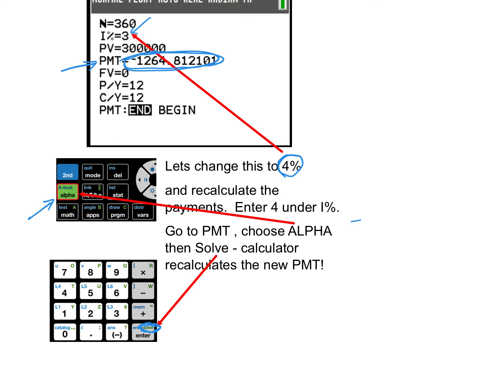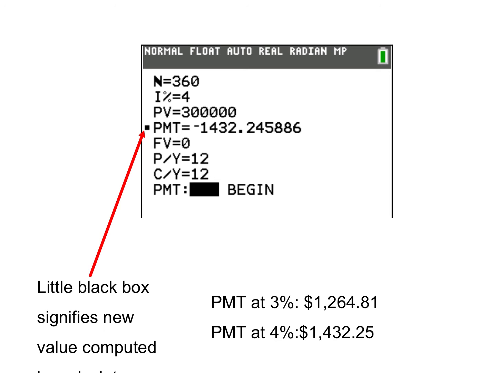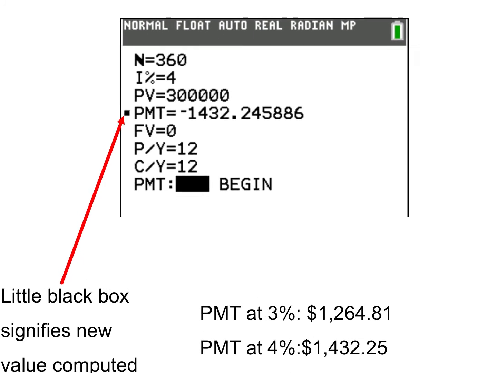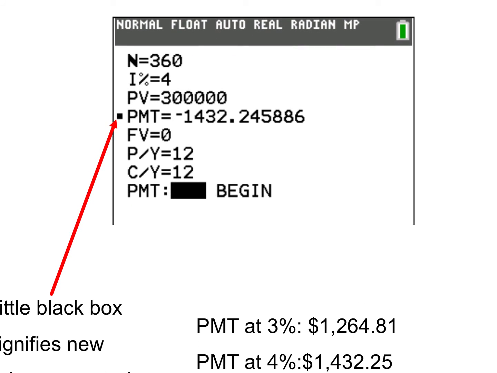Now, if you got stuck there and you couldn't get this number to come up, please ask the kid next to you and see if you can get some help from them to try to figure out what you're doing wrong, or raise your hand and get the teacher to help you at this point. Okay, after we do that, the new payment comes out to $1,432, at least that's what I've got here.